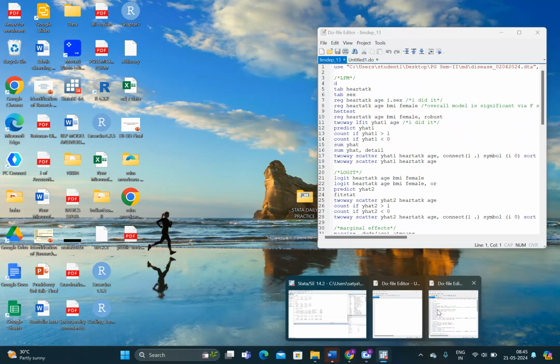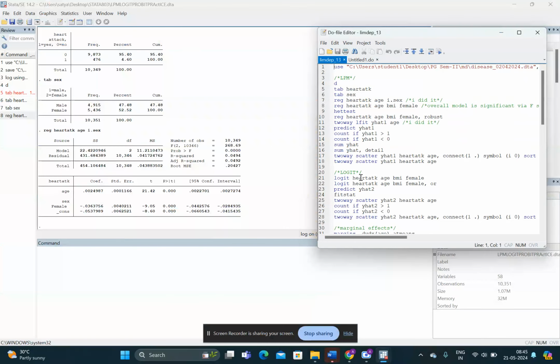Okay. Then we will add another variable which will be BMI, and in place of sex we can also write female. So we will see how it works if we write female.